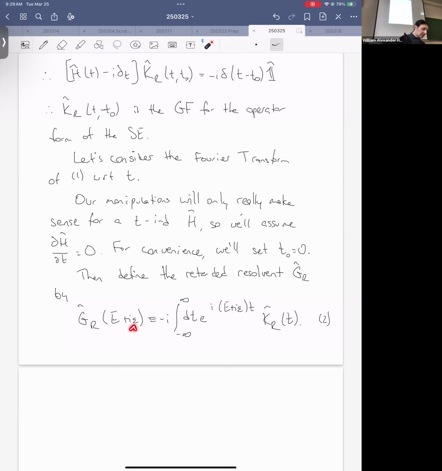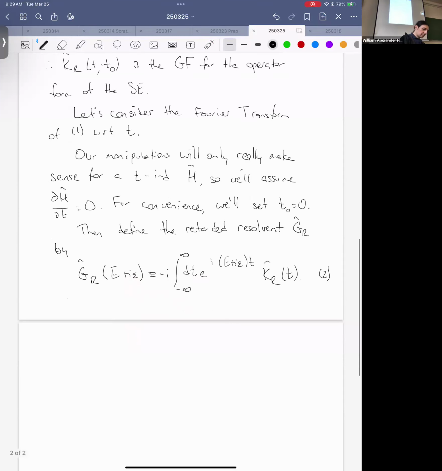There is this epsilon, and that's a convergence factor. So the little curly epsilon in equation 2 is a convergence factor. We have that 1 is much, much bigger than this curly epsilon, but epsilon is strictly greater than 0. One often takes the limit where curly epsilon goes to 0 from the positive side at the end of various calculations.